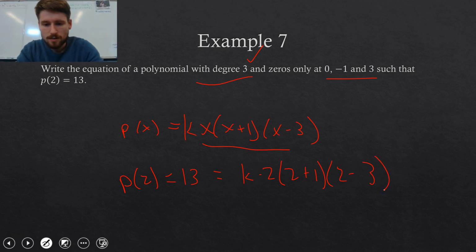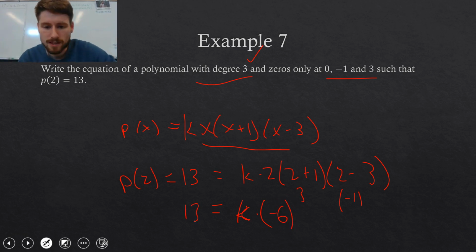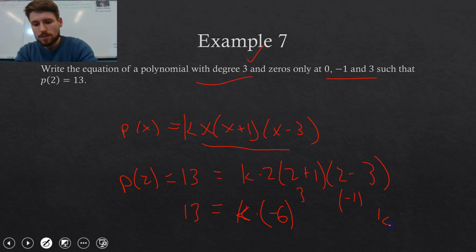So let's go ahead and figure out what this number is over here. We have k times 2 times 3. 2 minus 3 is negative 1. So it looks like our number is negative 6. 13 equals k times negative 6. And so that tells us then that k equals negative 13 over 6.